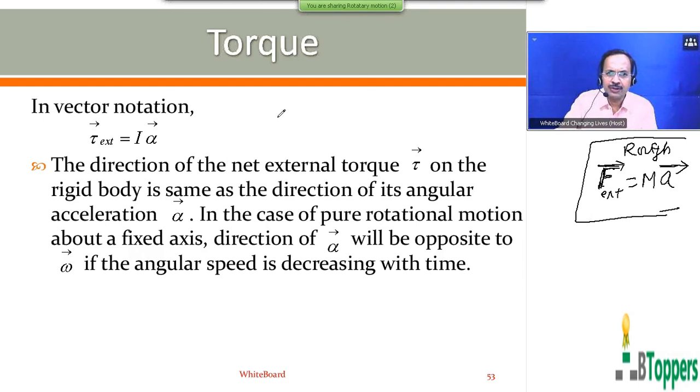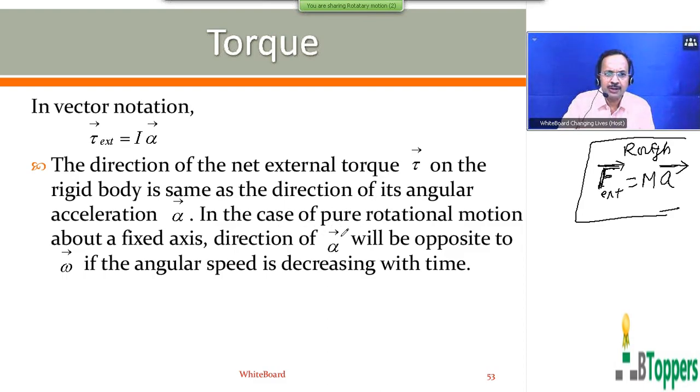In the case of pure rotational motion about a rigid fixed axis, there are two possibilities when there is angular acceleration. In some cases, the angular speed of the rigid body about the fixed axis may be increasing with time, whereas in some cases, the angular speed may be decreasing with time.